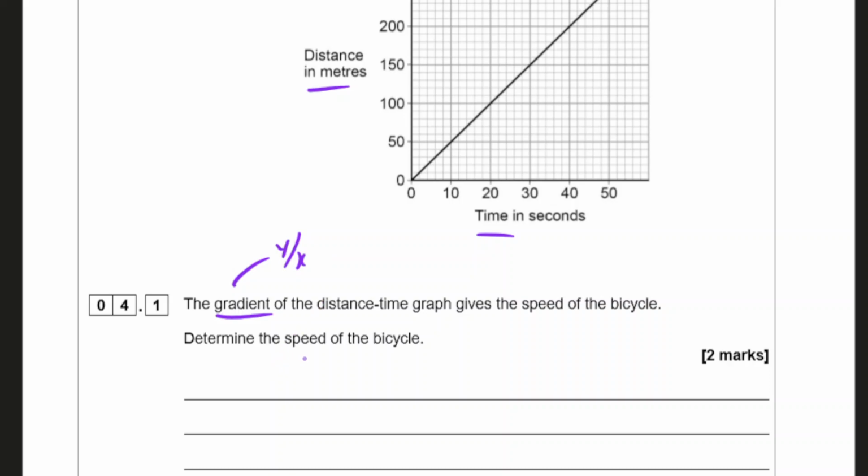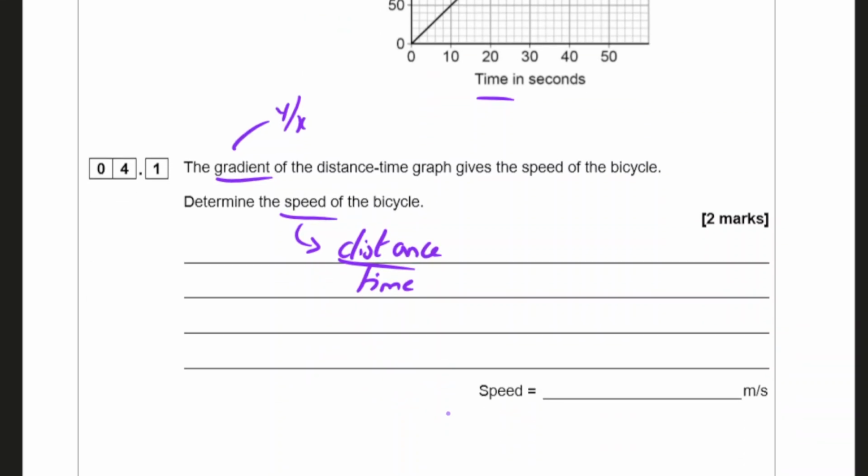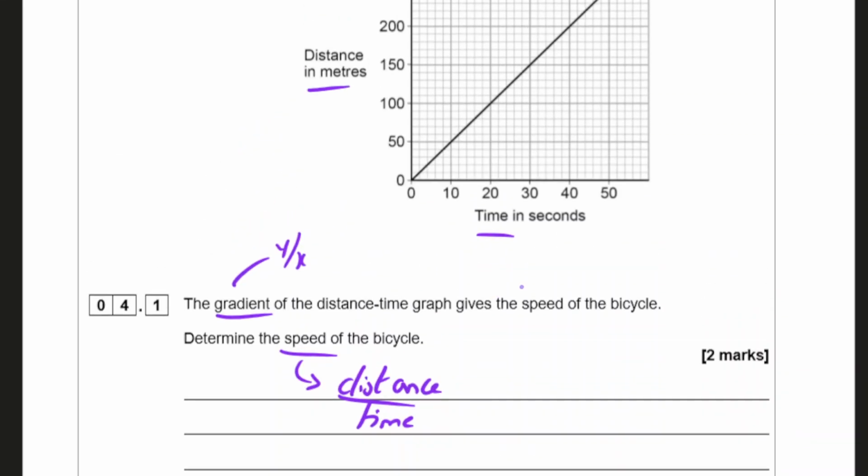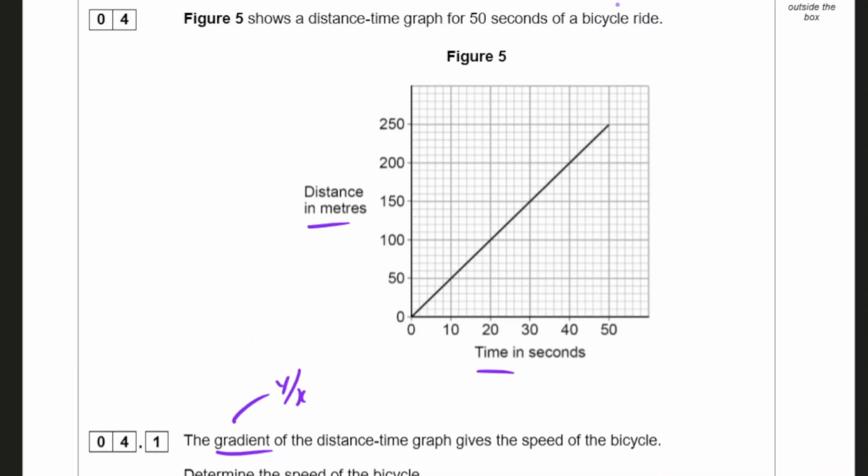Or in physics, in order to determine the speed is distance divided by the time, which is basically the gradient, because the y-axis is the distance and the x-axis is the time here. So if I take this point here right on the top, the distance is 250 and the time is 50.